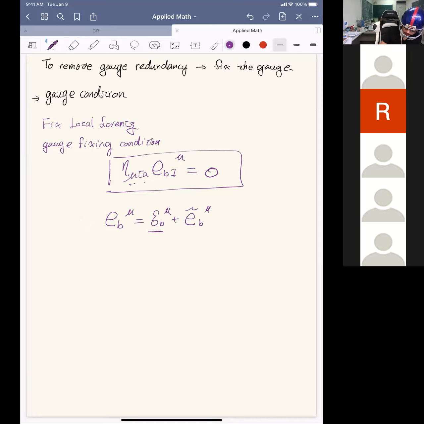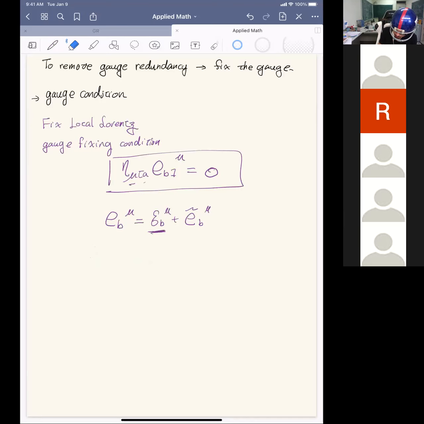By the way, since it always contained a delta thing, you can always define the determinant of E B mu. This is never 0 because of this delta piece. Actually, this thing will be extremely important. The determinant will be extremely important as we'll see soon. But let me not introduce that.